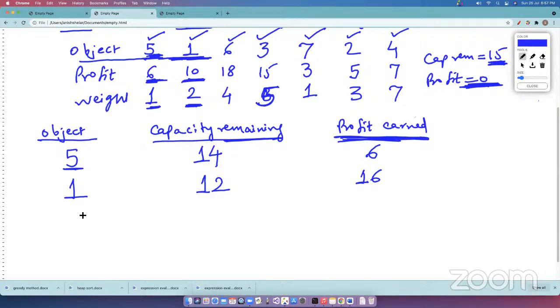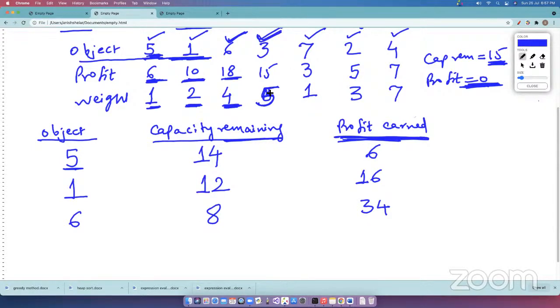Okay, let's add the 6th object greedily, this one. The weight of the 6th object is 4 kg, so now only 8 kg remain. And the profit here is 18. So the total profit will be 34, that is 18 plus 16. Now let's add the third object.